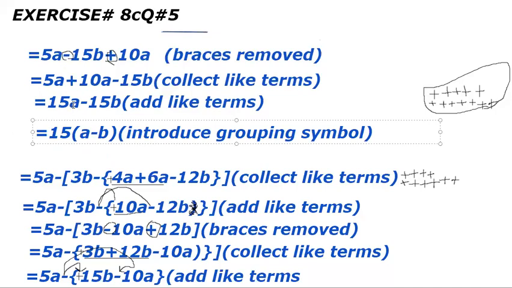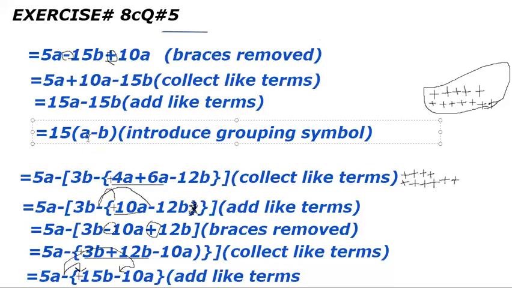15 is a coefficient with variable a, and again 15 is a coefficient with variable b. We will take the 15 outside as a common factor, and we will write a minus b inside the parenthesis. This step is called introducing of grouping symbols.